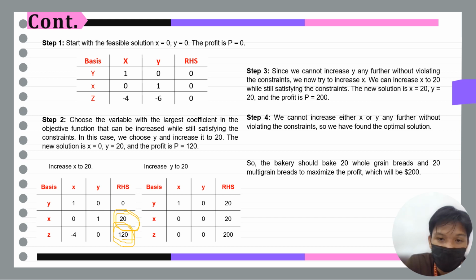Since we cannot increase y any further without violating the constraints, we now try to increase x to 20 while satisfying the constraints. The new solution will be x equal to 20, y equal to 20, and the profit is 200. As you can see here, we raise x, which is equal to 200.